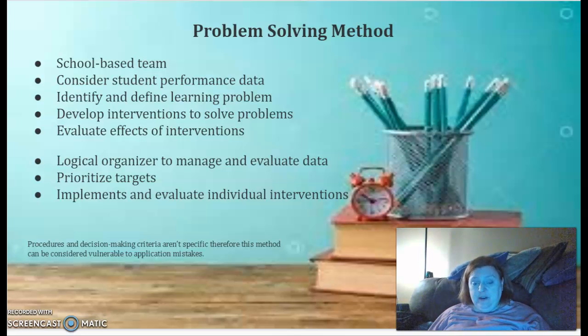There's no method of determining what exactly the criteria are that we need to look at when there is that discrepancy. So some people say this method can be considered vulnerable to application mistakes, so there can be issues with the way that the intervention is applied.